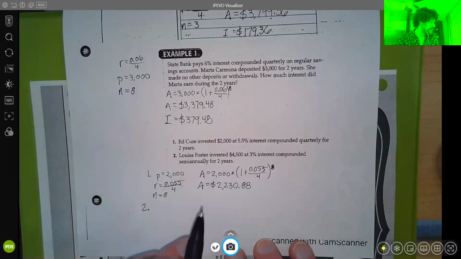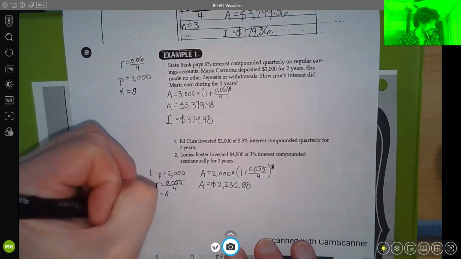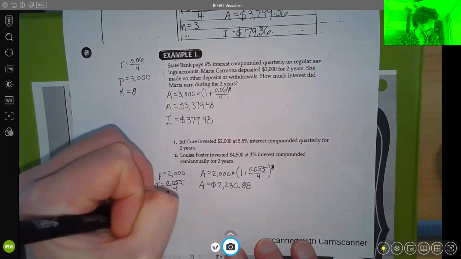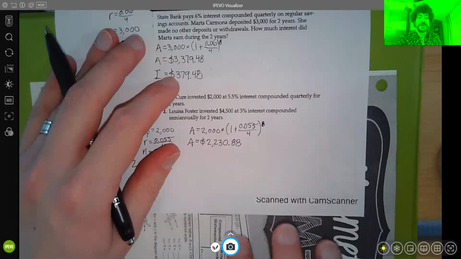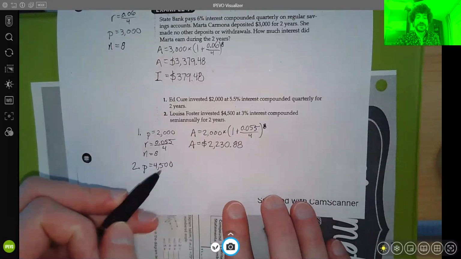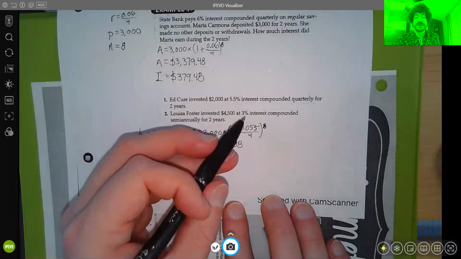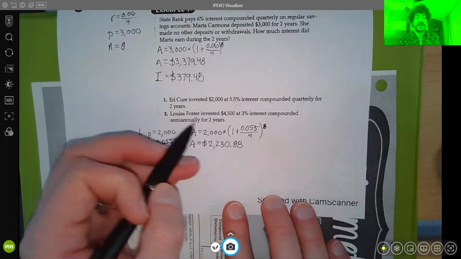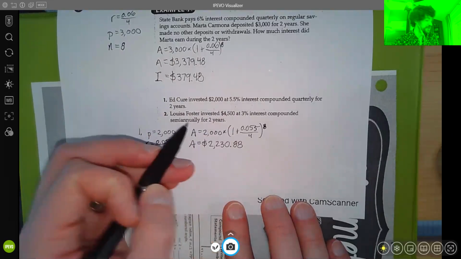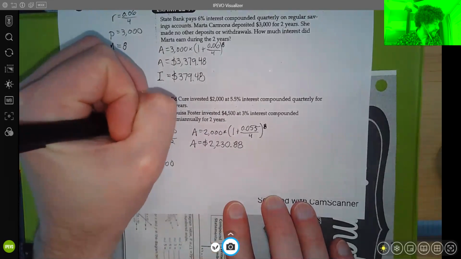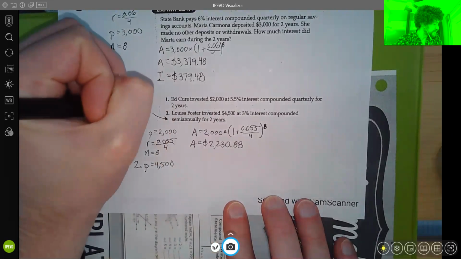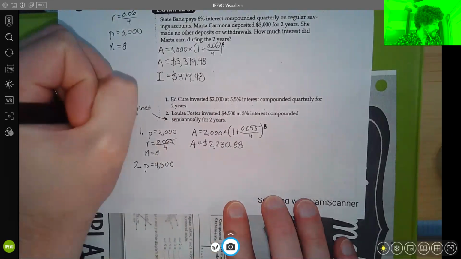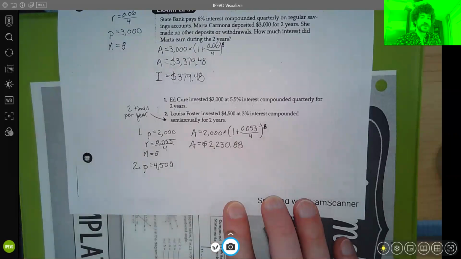So with number 2, let's do that one real quick. Louisa Foster invested $4,500. So the principal, $4,500. Hopefully we can see this now. Down here at the bottom of the page, $4,500, 3% interest compounded semi-annually. Semi-annually just means twice a year. So 2 times per year for semi-annually.